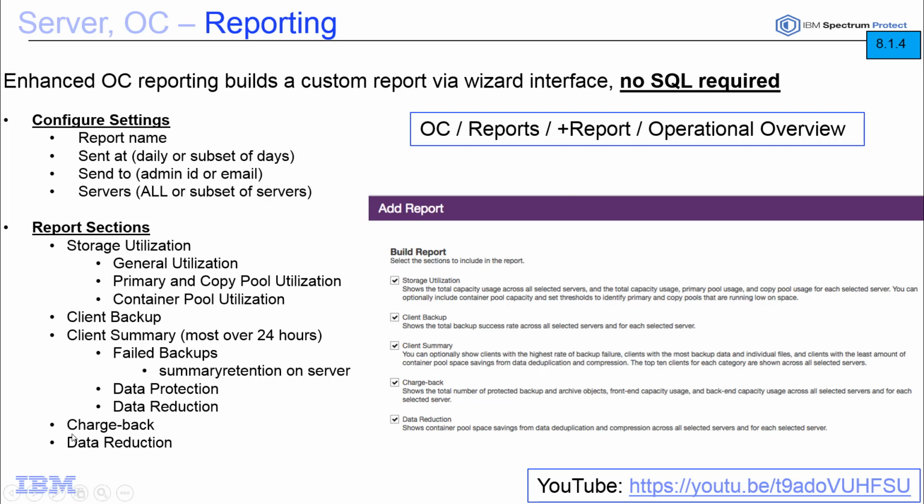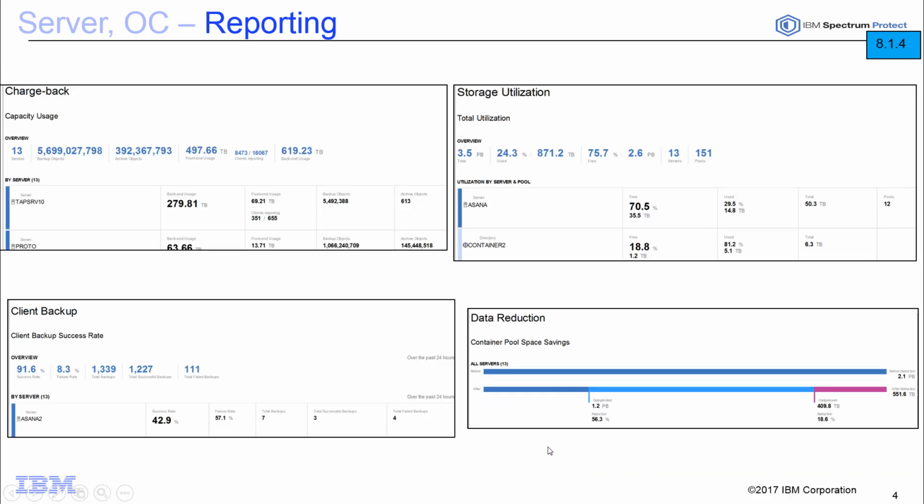Now, chargeback is a point-in-time snapshot that will be utilized for chargeback. I do have a YouTube video out there you can check out if you want to see how easy it is to set up, and if you want to see a little bit more on the reports. Here on slide 4, this is just a couple screenshots of what the sections would look like.